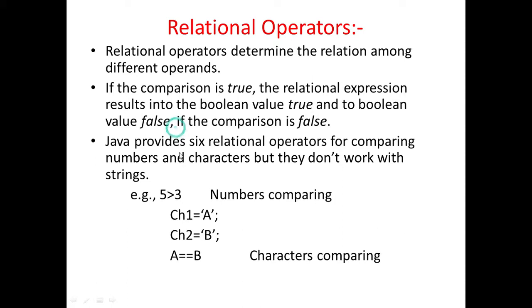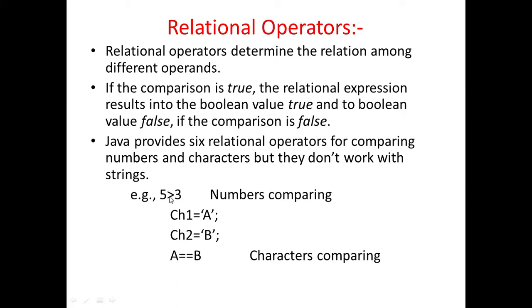Now we are going to study some new types of operators. Relational operators. Relational operators determine the relationship among different operands. Relational operators are also binary operators, which means they also need two operands. For example, here you can see this is the greater than symbol.